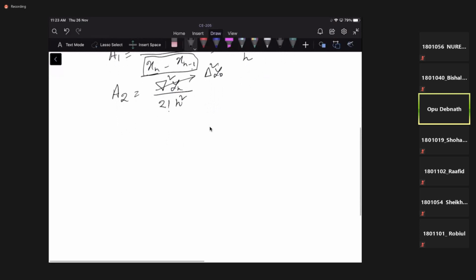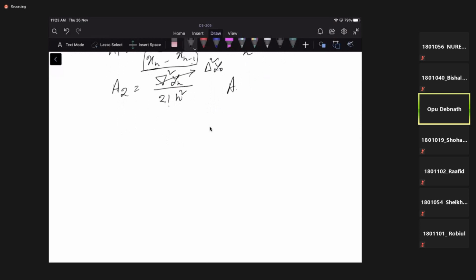The nth value means the last value, the last couple of the data set in your given table. Okay, so similarly a3 will be 1 by 3 factorial h cube, the third backward difference of nth order. So from this you will get the values of yx.